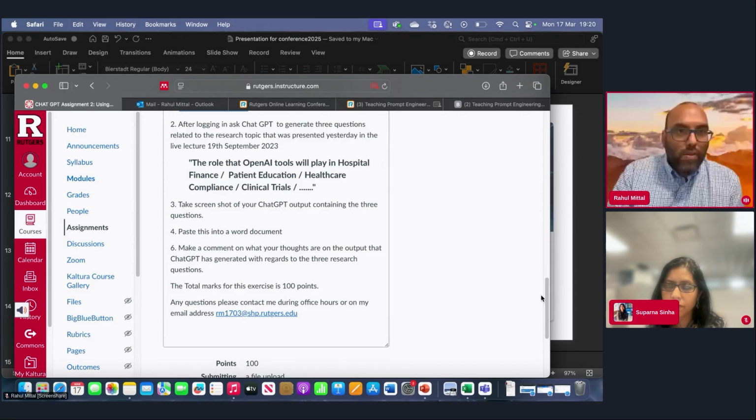Again, we asked them to contrast and compare, see what the differences were, why they were different, and explain to us why they were choosing the research question. So we encourage them at all times to look at the outputs and ensure they met their research criteria.